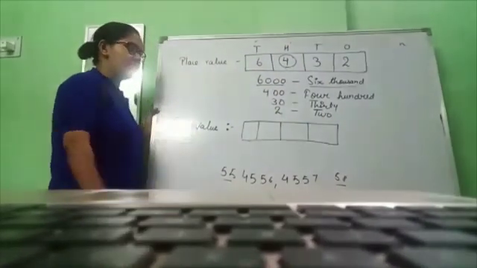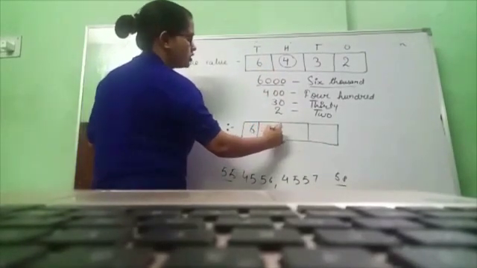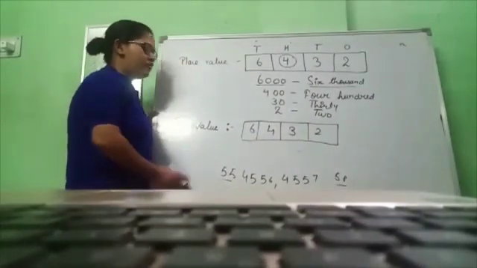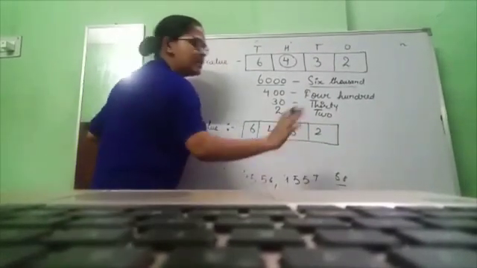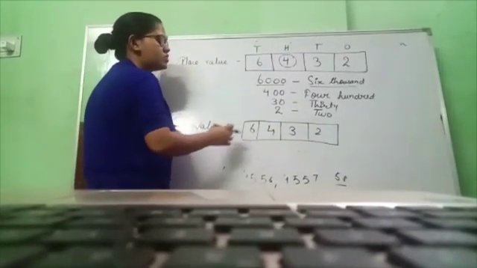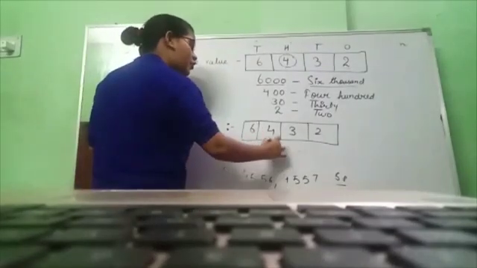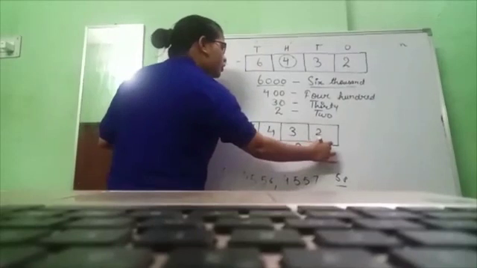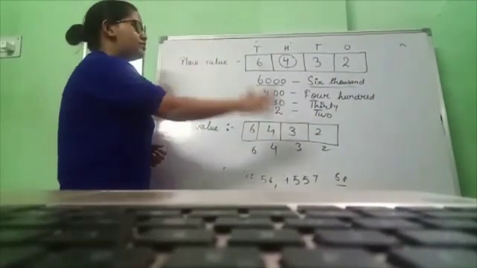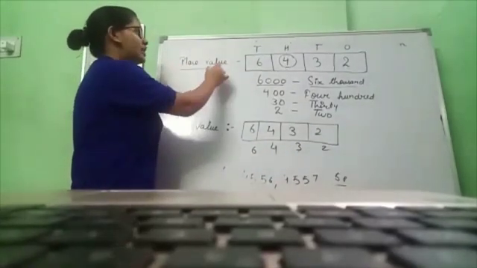Now come to face value. If I take the digits as they are, 6432, right? The face value will be the same. Nothing will be changed. There will be no classification of 1000, 100, and ones here. We will take it as it is. 6 will be 6, 4 will be 4, 3 will be 3, and 2 will be 2. So in this way we come to know how to take the place value of the digits.